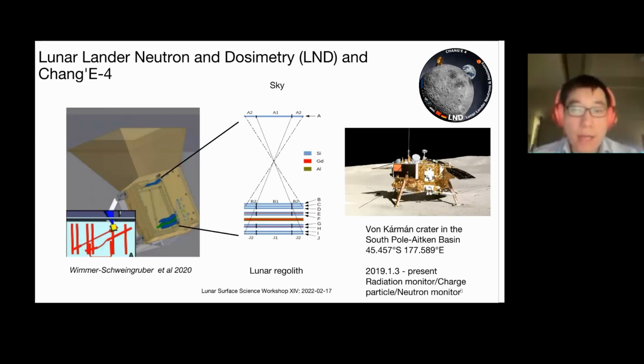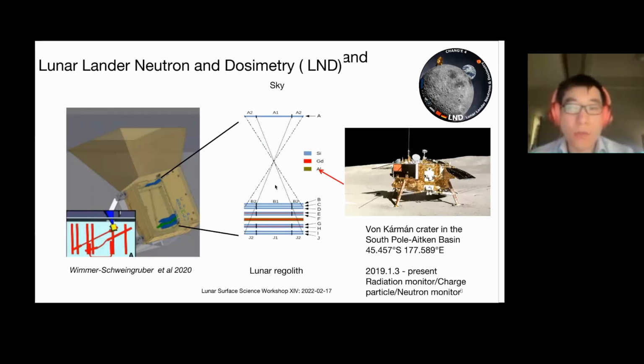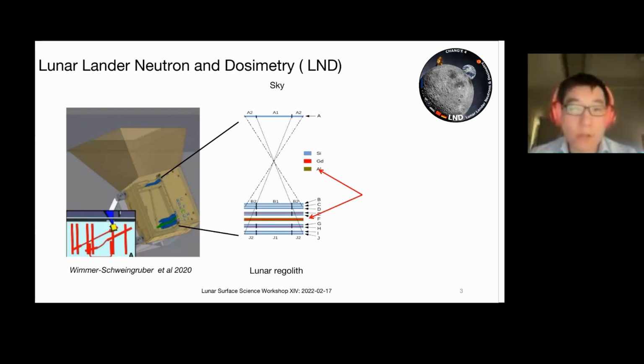Now we look at the instrument structure. In the sensor head, this instrument has 10 silicon detectors, 500 micrometers thick, arranged like this.